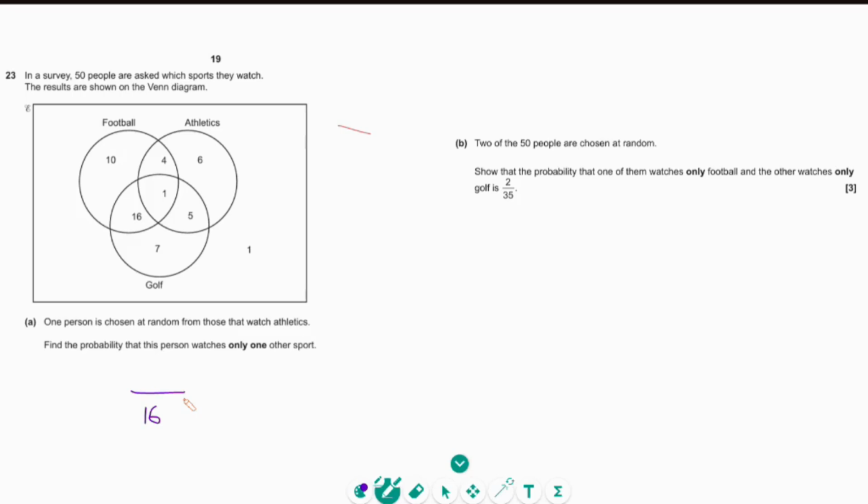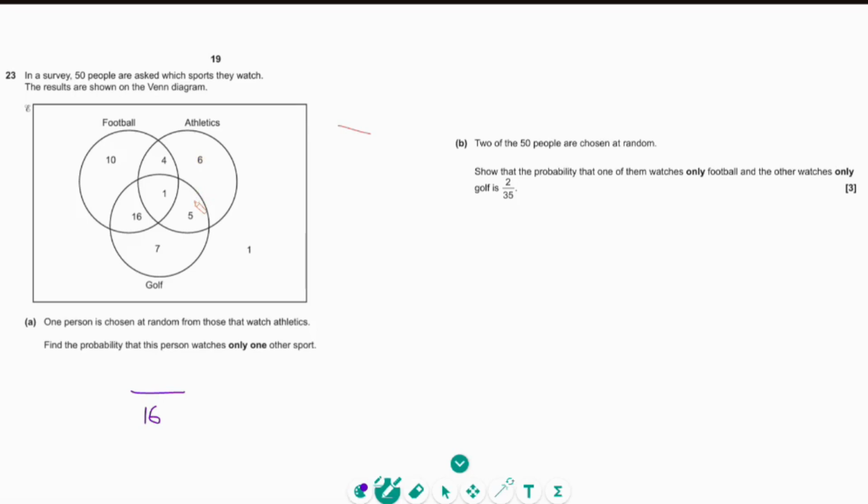Find the probability this person watches only one sport. Okay, so let's just consider these numbers. So here they watch 2 sports, they watch 3 sports, they watch 1 sport. Oh, only 1 other sport, sorry. Those 6 athletes watch 1 sport, don't they?